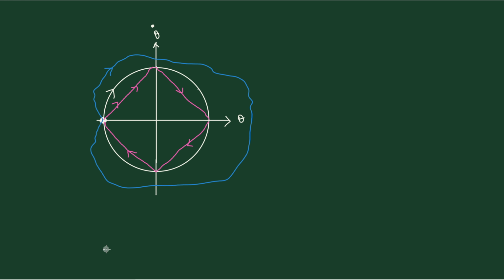So the question is now clear: how many paths are available in the phase space? The answer is infinitely many. One is the arbitrary shape that I have drawn in blue color, and the other, the pink color line, I have drawn something like a square. That is another different path. Like this, I have infinitely many ways of showing different kinds of trajectories. That is called infinitely many paths.